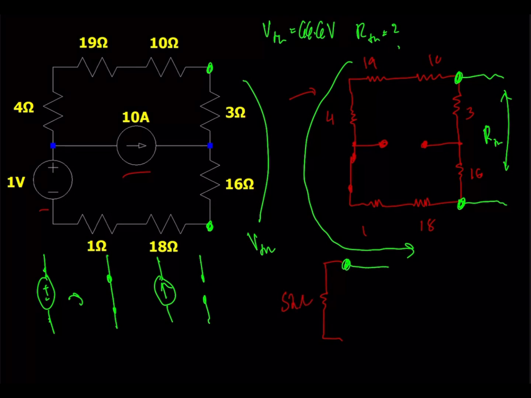Again, it's from these terminals. And this branch here will just be the sum of those two resistances, so that'll be a single 19 ohm resistor. And we can simplify this further. This is just a parallel combination, which for parallel resistors, the equivalent resistance is just this formula.